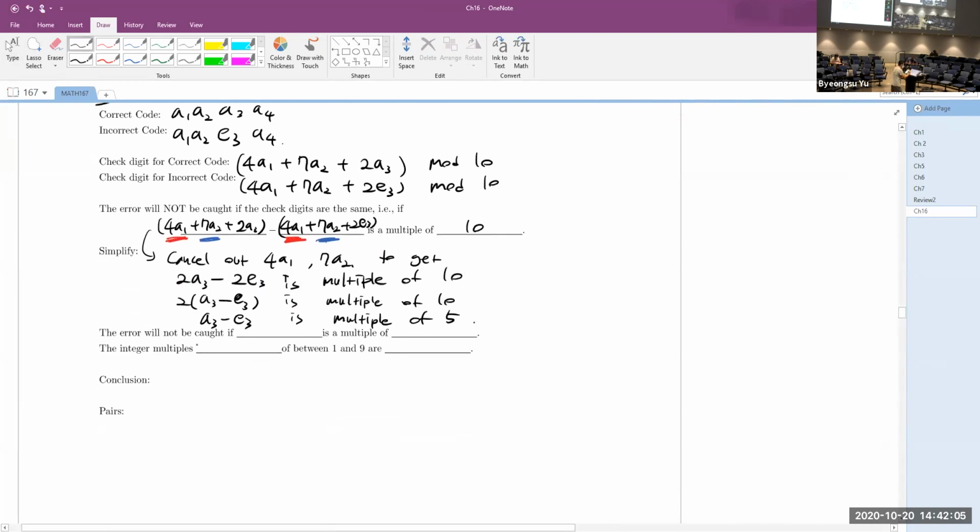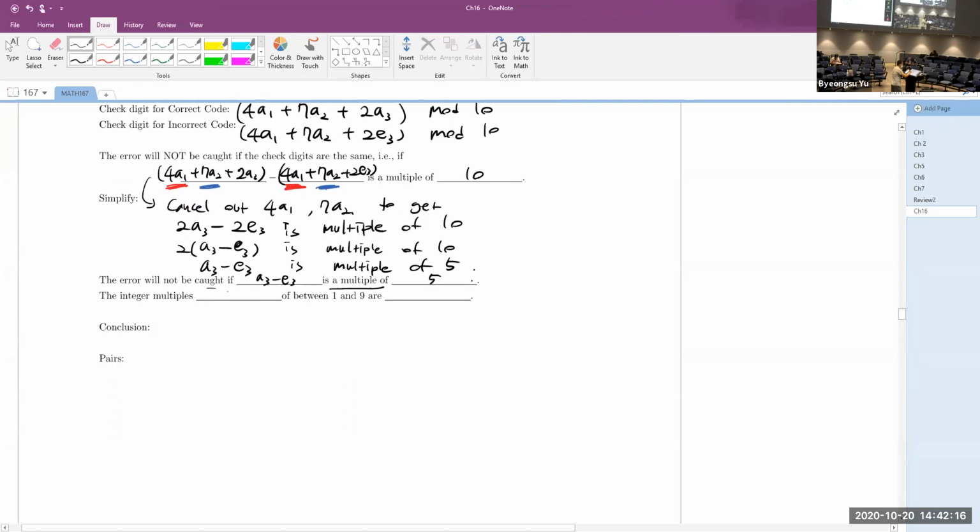So the error will not be caught if A3 minus E3 is a multiple of 5. And we know the integer multiples of 5 between 1 and 9 are 5, right?